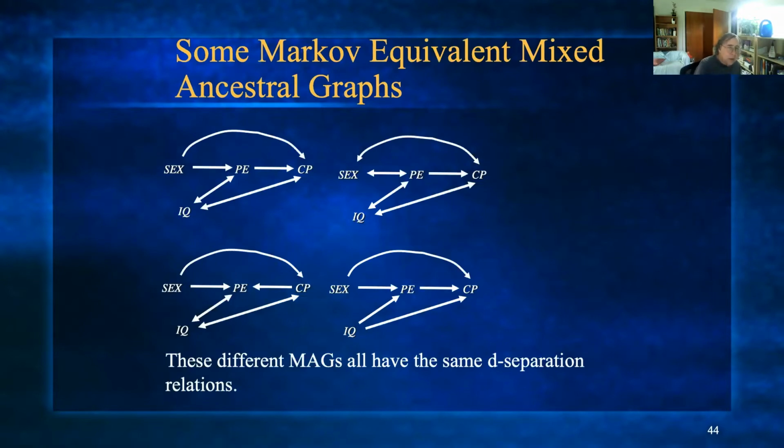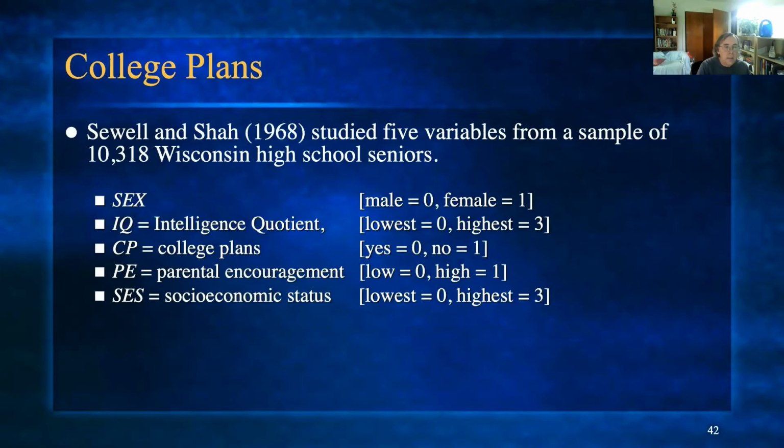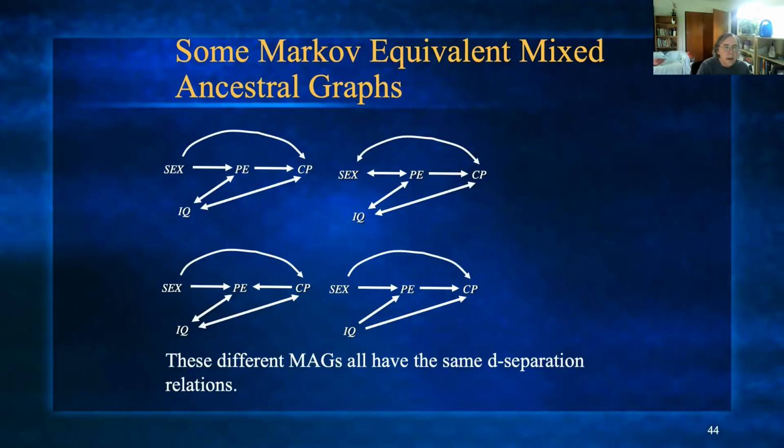Let me just show you some possible different maximal ancestral graphs, which you could form out of those 5 variables. In this case, what has happened is we've marginalized out socioeconomic status.